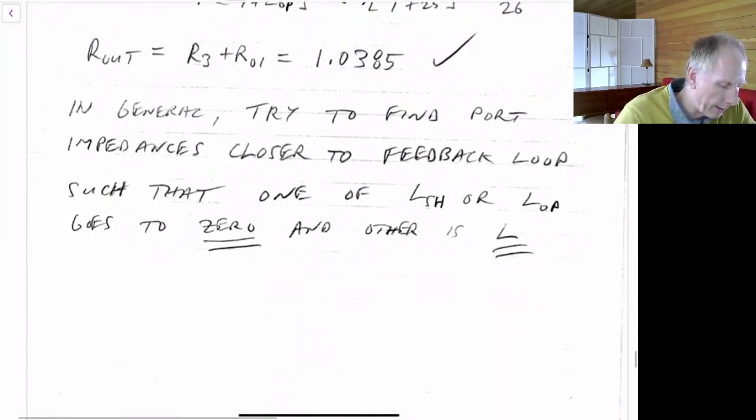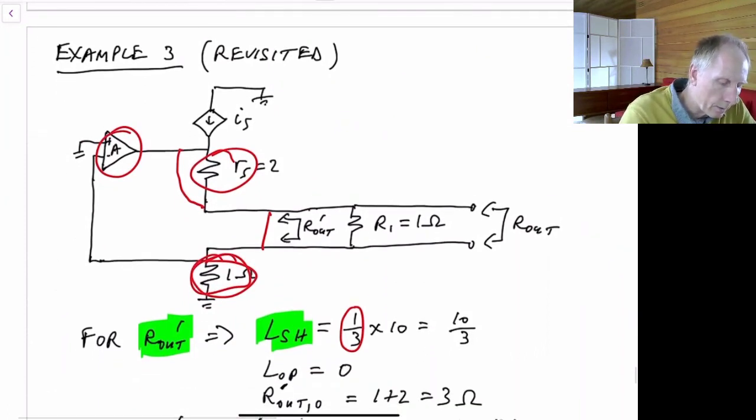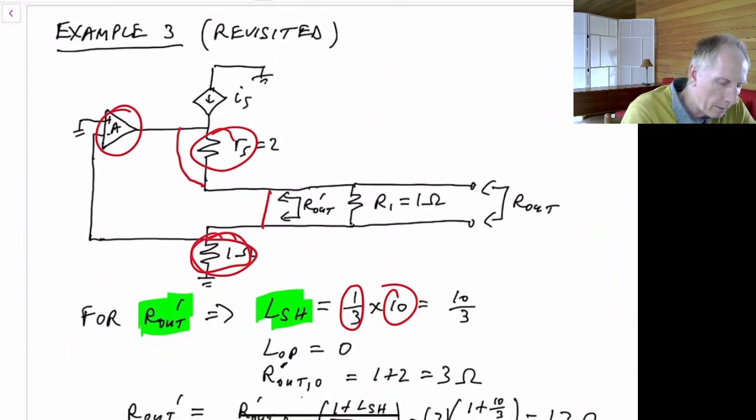This is example 4 where A went to 100. So A is equal to 10, so we multiply that by 10. So the loop gain, when it's shorted, is equal to just 10 over 3.